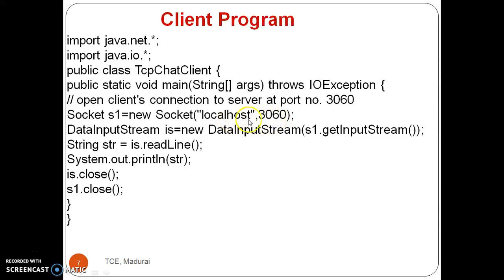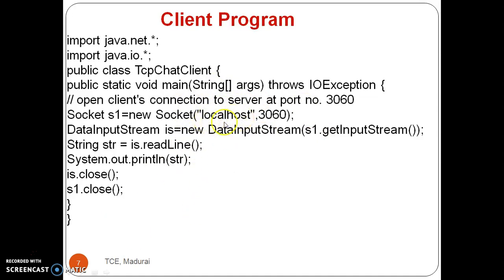These two addressing pieces of information are for the server, because for the socket defined at the client side, it is the responsibility of the client to identify a server and to have a connection. So we need to pass the IP address or host name of the server and the port number of the server.